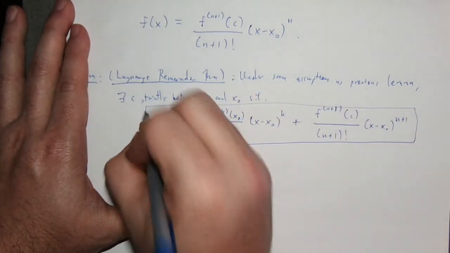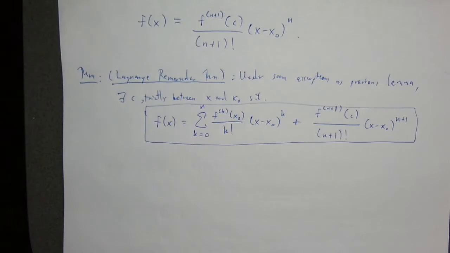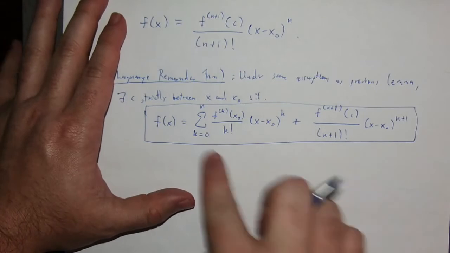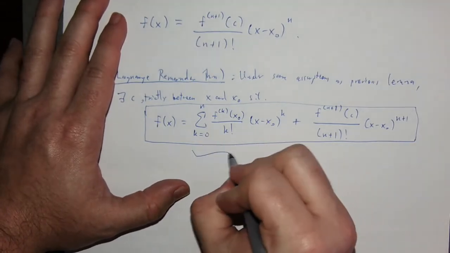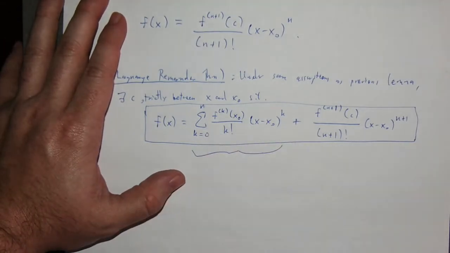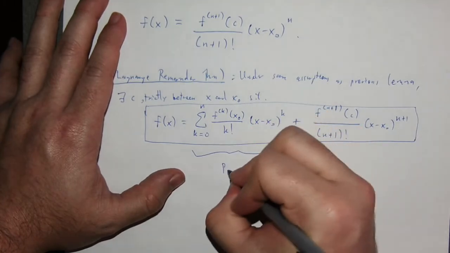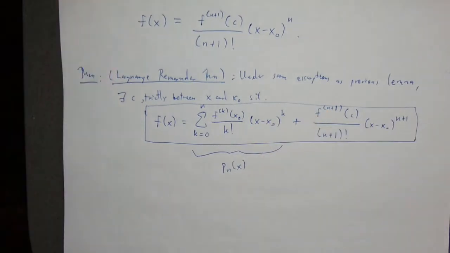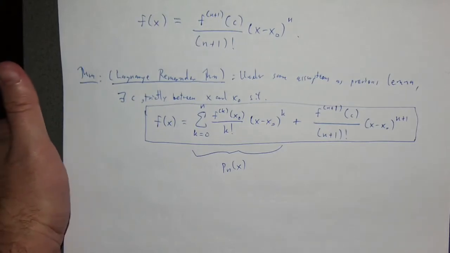Before you get sidetracked by the way that this expression is written out, notice a couple of things. What is this expression? Well, this expression is just the Taylor polynomial. And so what am I actually saying here?